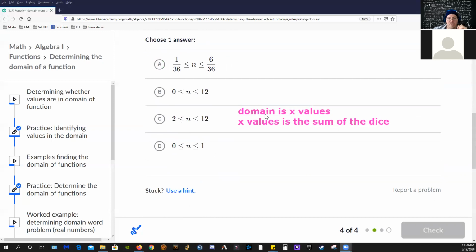So I just need all the possible sums of two dice. So that's what I'm thinking. What are the n sum values of 2 dice?